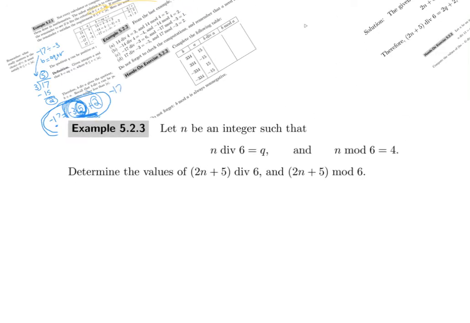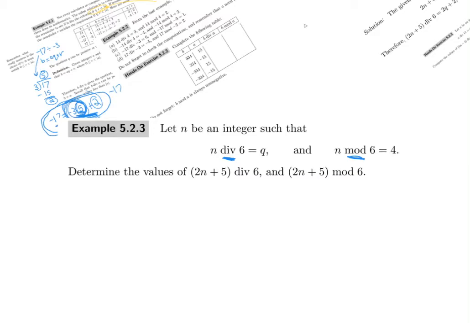This example is a little bit more elaborate. It's saying, let n be an integer such that n div 6 is q and n mod 6 is 4. Let's translate what that means using the definition of div and mod. n div 6 is the quotient you get when you divide n by 6.